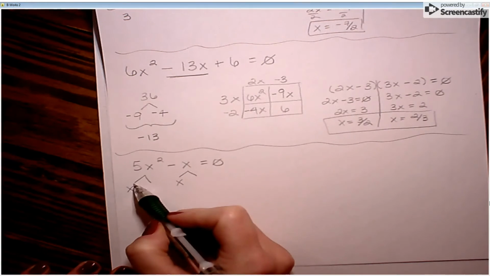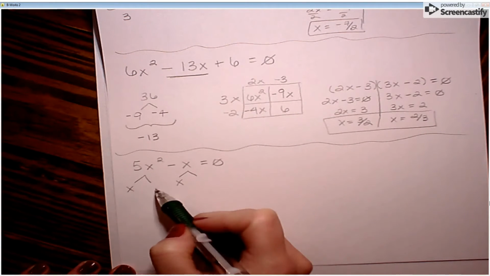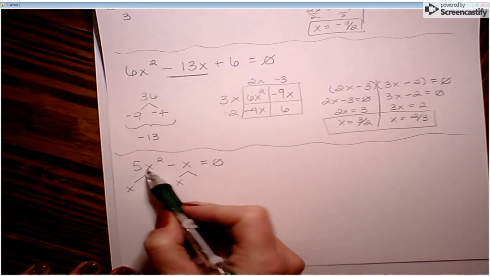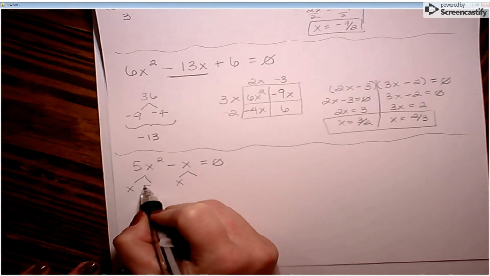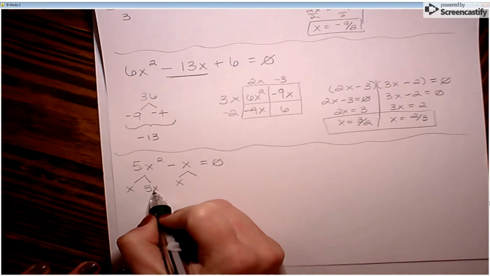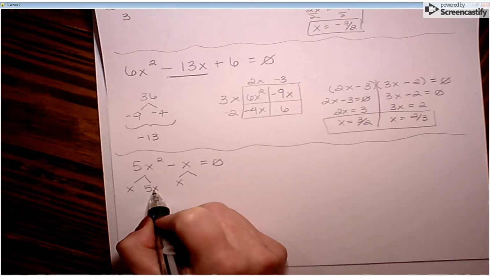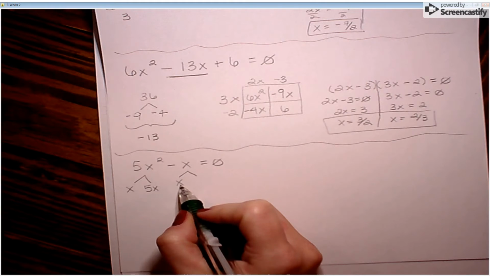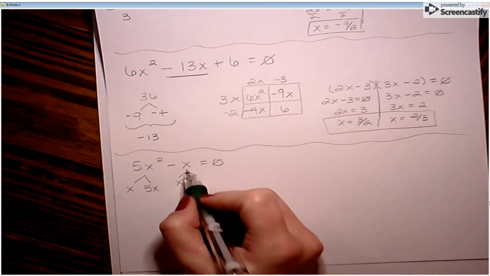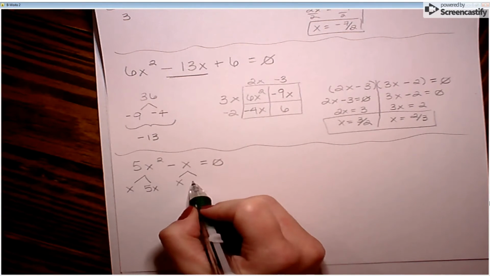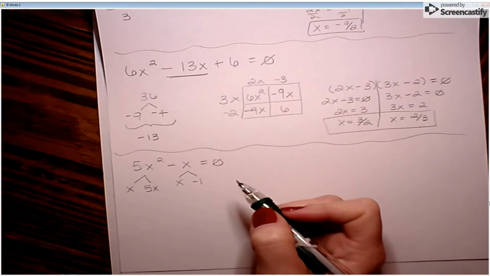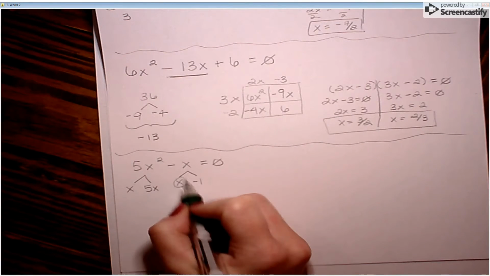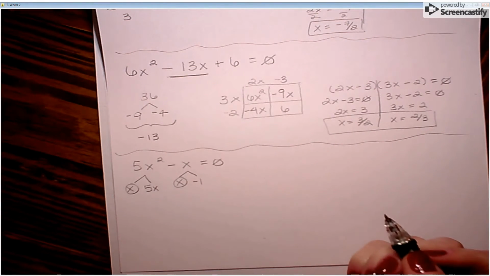So here I've factored out an x. So x times what gets me 5x squared? Well, I would need to multiply by 5x, and that would create 5x squared. Here, x times what gives me negative x? Well, I need to multiply by negative 1 in order to make that happen. So I factored x out of both terms.